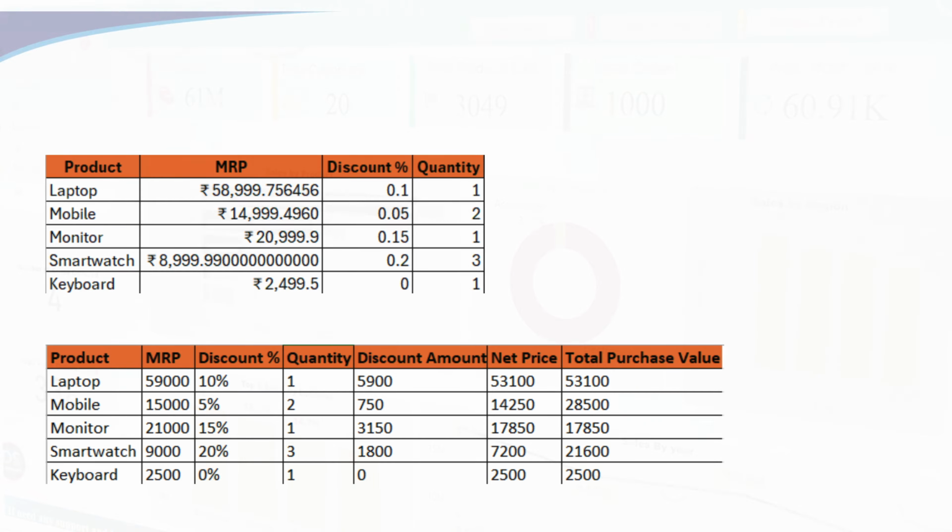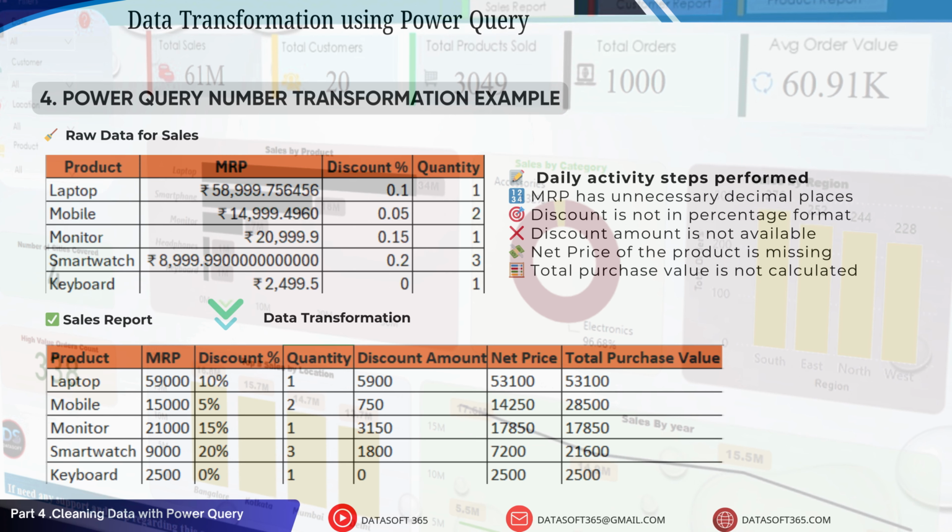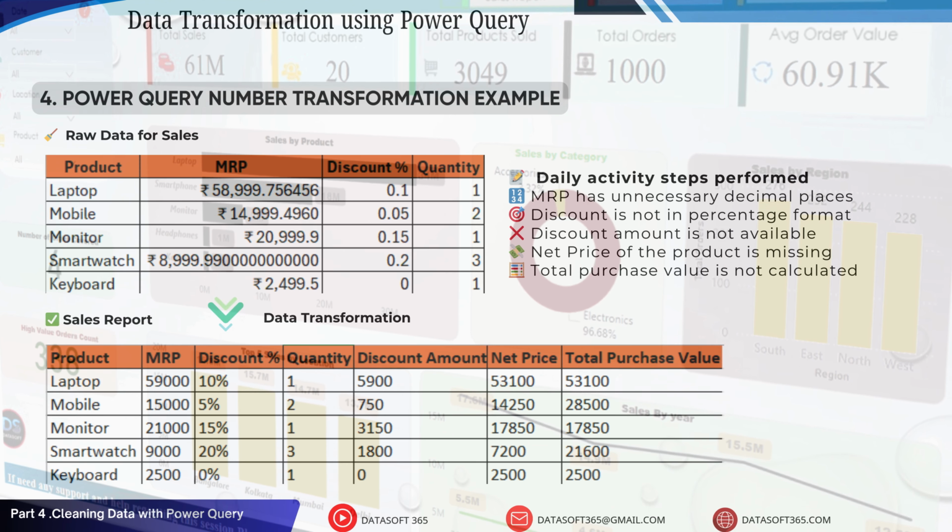Now let's look at number transformation. Number transformation means applying basic calculations and formatting on numeric data, like rounding numbers, calculating columns, or converting decimals to percentage. Let's take a very simple sales data. This data may look clean but is incomplete for sales analysis.